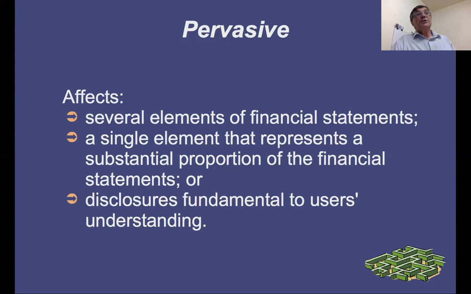So if we are maybe auditing a finance company and we think that there is a major impairment that's not in the receivables book that's not being recognised, that's normally a substantial proportion of the financial statements. Or it might be disclosures that are fundamental to users' understanding. So a missing disclosure can be pervasive if it's really, really important. So you're getting the image in your mind, I trust, that pervasive is a really big deal. It's really important.